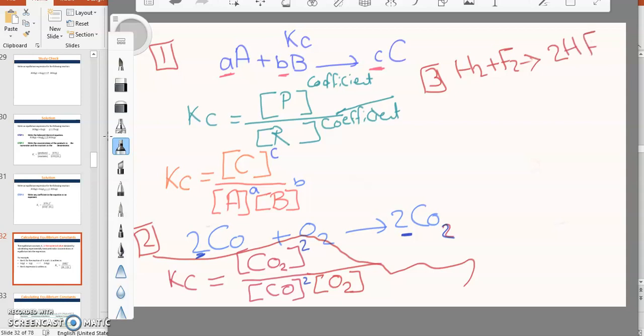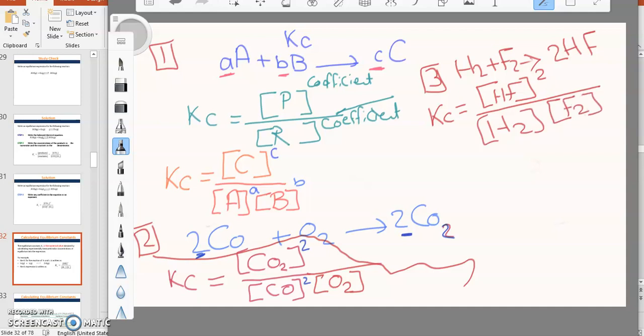If we want to write down the Kc, you can pause the video and try to write it down. Kc, or the equilibrium constant, will equal the concentration of the products to the power of the coefficient divided by the concentration of the reactants. And the coefficient for each one is 1.